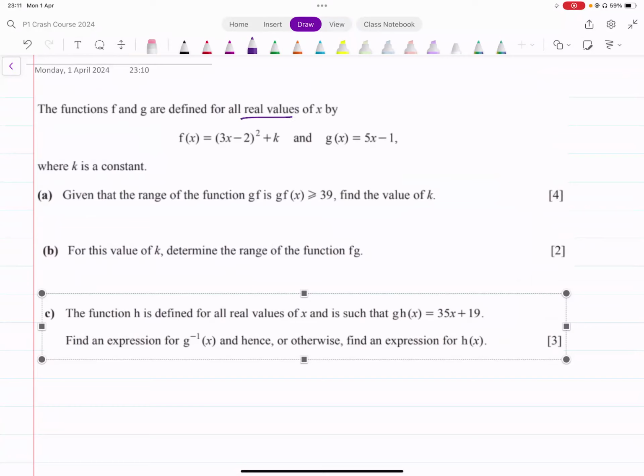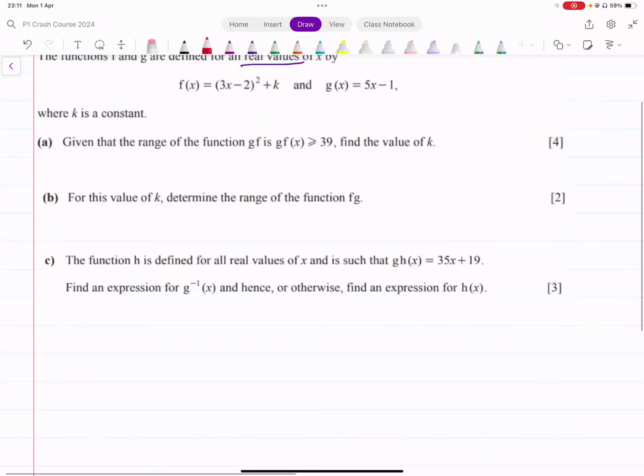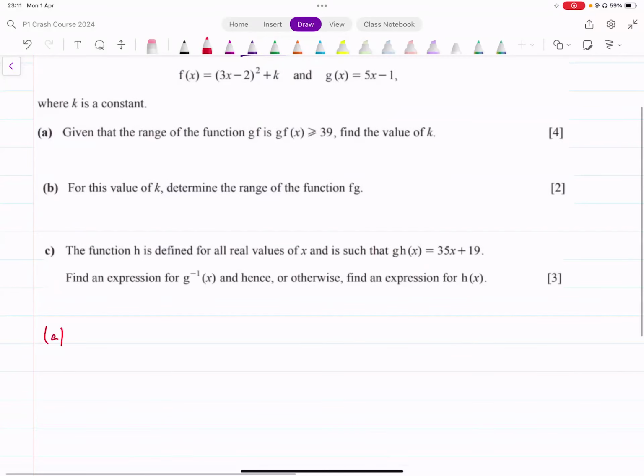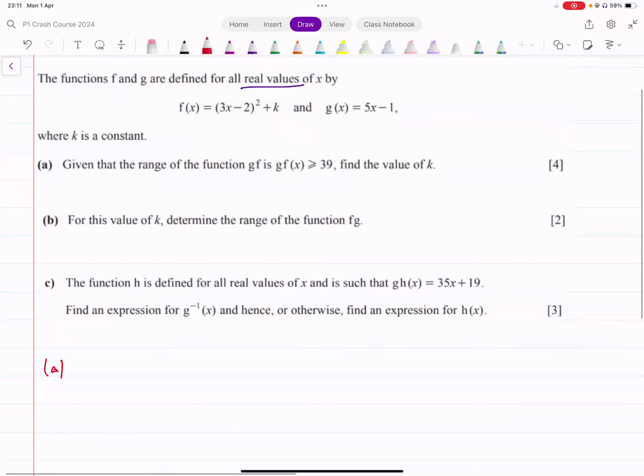They're defined for all real values of x, so there's no restriction on the domains of these functions. Okay? All right. Now, it says given that the range of the function gf is gf of x greater than or equal to 39, find the value of k.